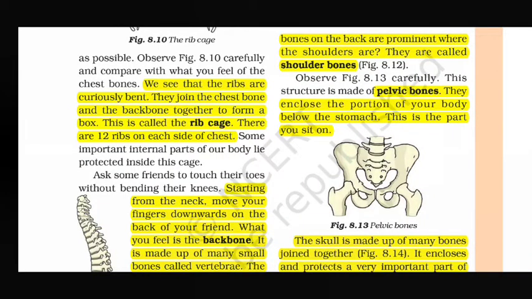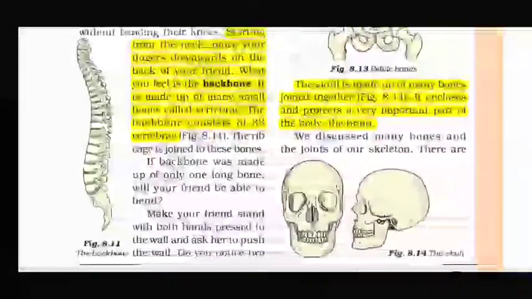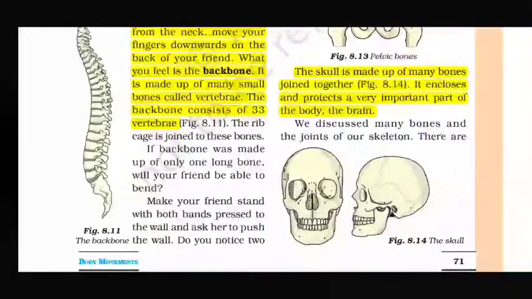on which we sit. Okay, now the last is the skull. As you can see in figure number 8.14, the skull is given. This skull you might have seen in some horror movie or in some serial or in some games. Okay, so what is it? Let's see.